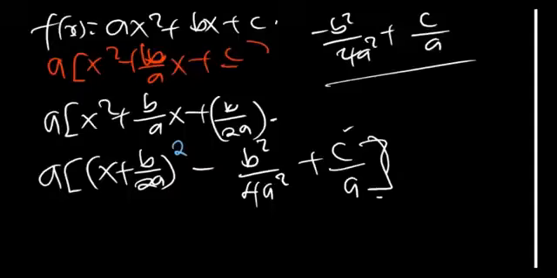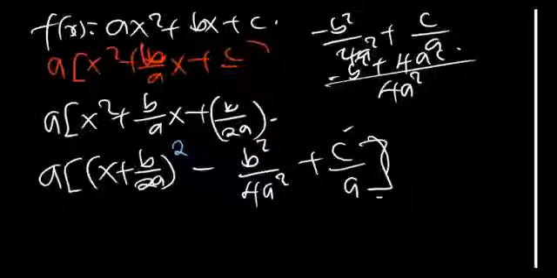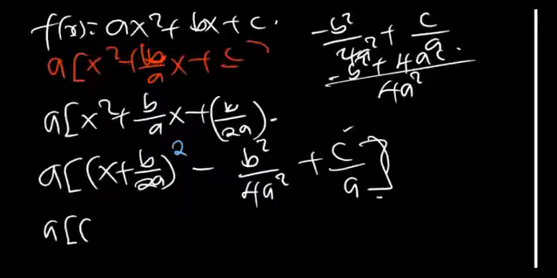The lowest common denominator is going to be 4a squared. So 1 times that one, we're going to get a negative b squared, plus here we're going to get 4a times that one, we're going to get 4ac, meaning that I'm supposed to replace this with what I have there. So I'm going to have a, open brackets, I have this.